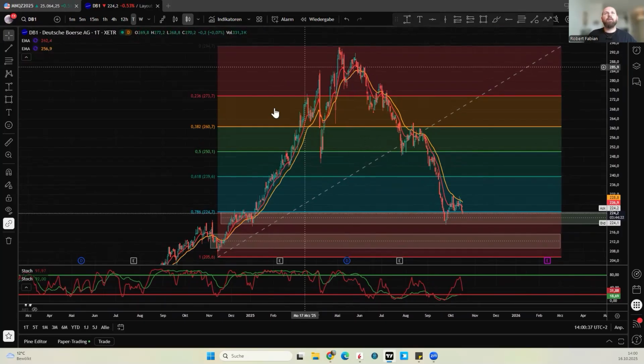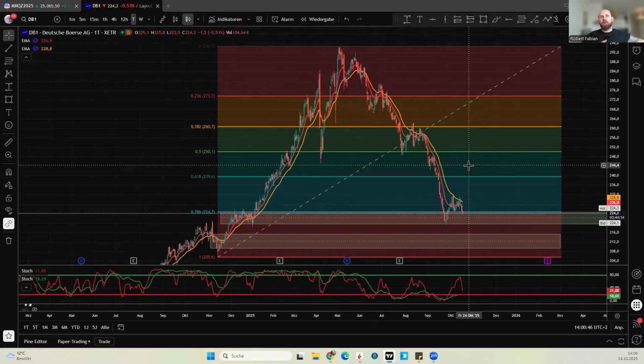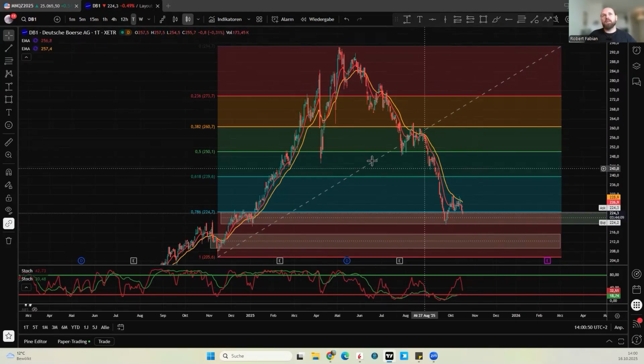That's cool because everything above this line is a premium area, and everything below is a discount area. What I'm looking for is that for long trades, we come down to the 0.5 line compared to the range we had before.